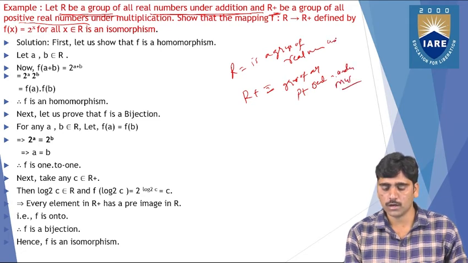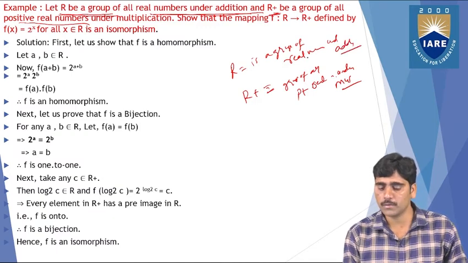So R is a group of real numbers under addition, and R plus is a group of positive real numbers under multiplication.